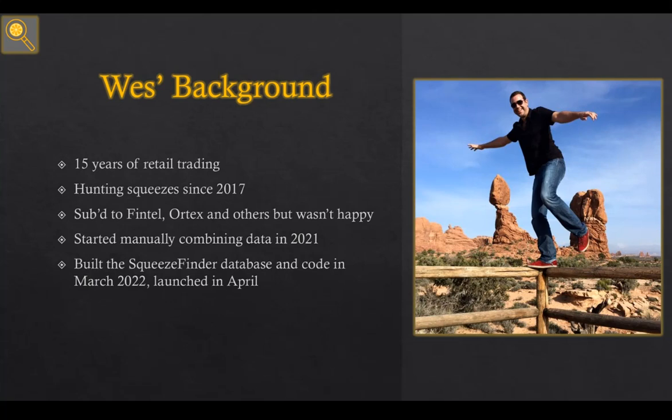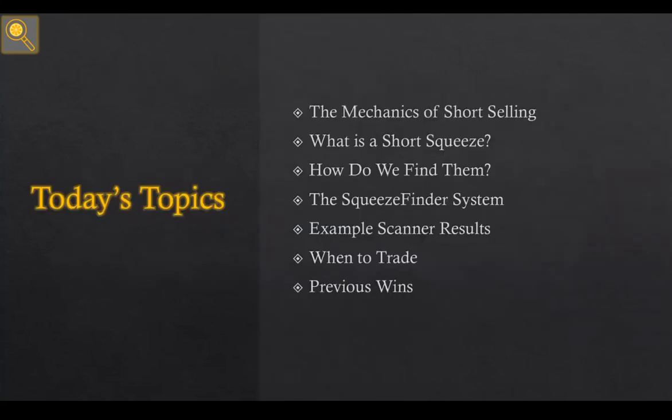So enough about me. We're going to talk about the mechanics of short selling today, how it works. I'm assuming a lot of you probably know this, so I'll be pretty quick. And then we'll talk about an actual short squeeze and how that happens and why it happens. And then look at obviously the important stuff. How do we find these things?